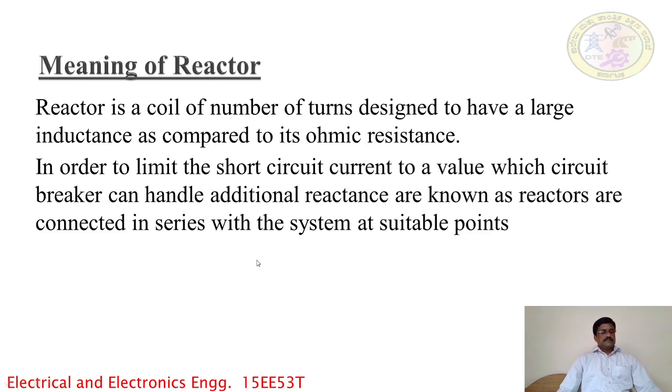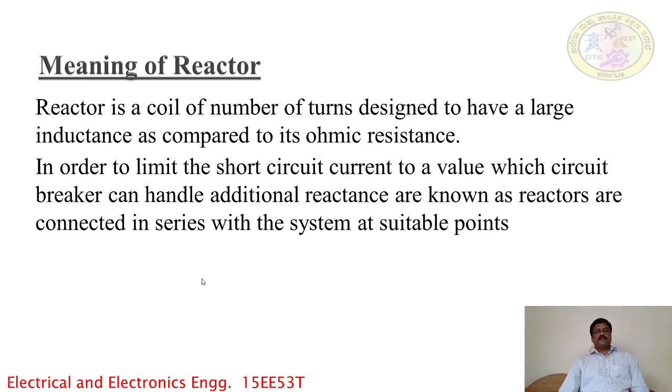So the reactor is a limiter of the short circuit in a transmission line. First, the reactors are connected in series with the generator in the transmission line. Second, in series with the feeder line, and third, in series with the bus bar.